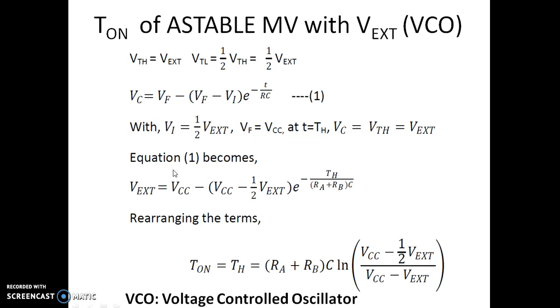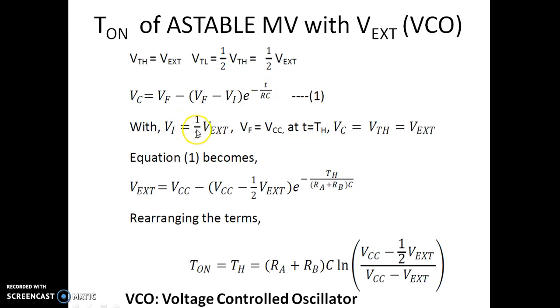Now we know that the capacitor will always be charging towards VTH. So if I change the VTH itself from 2/3 VCC to some external voltage, we know that VTL is always equal to half of VTH, then VTL will be half of the external voltage. So we know the capacitor expression is given by Vf minus V initial into e power minus t by RC.